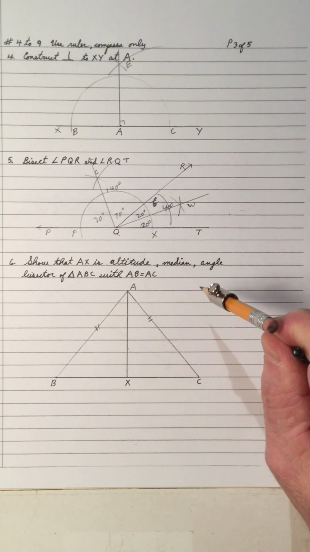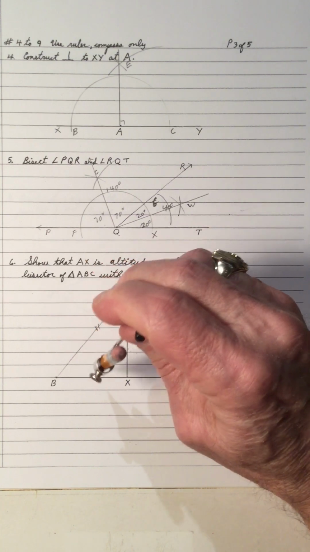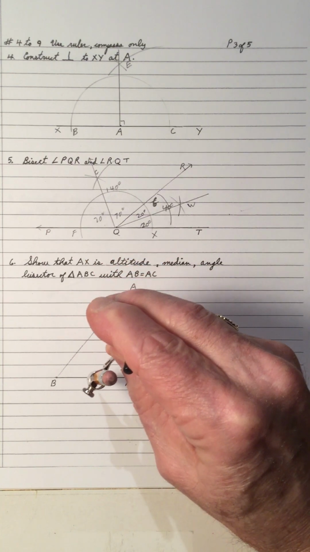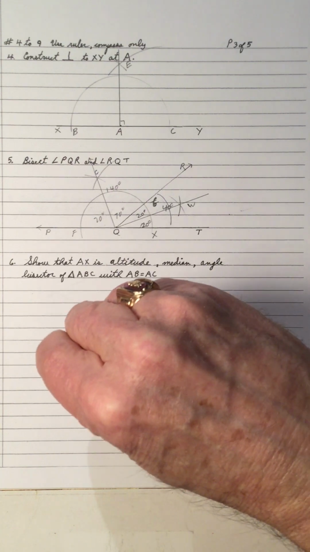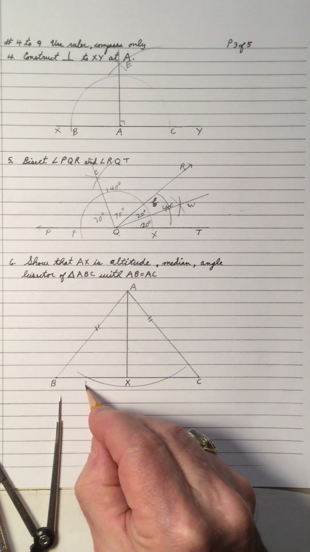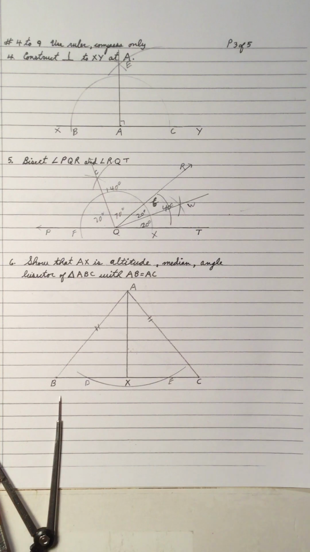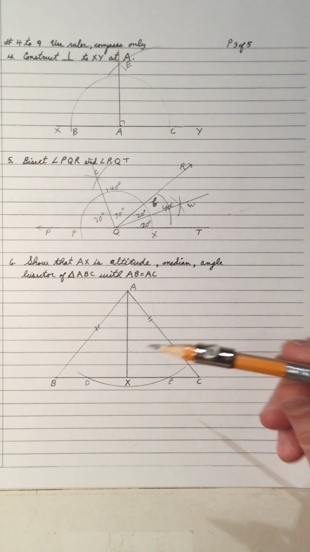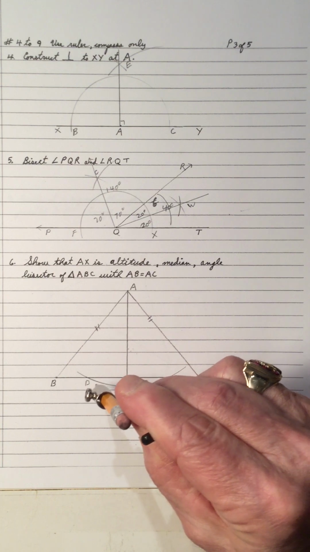So how do we know it's an altitude? Well, let's take a compass at A and cut BC at two locations. Those two locations we call D and E. So we place our compass at E with a radius greater than half the length of DE.